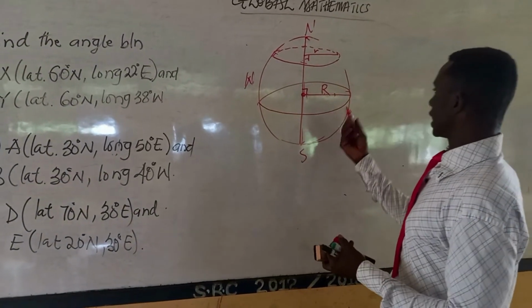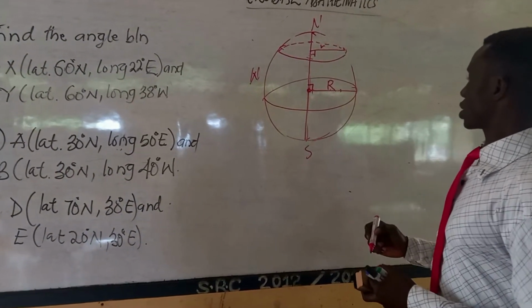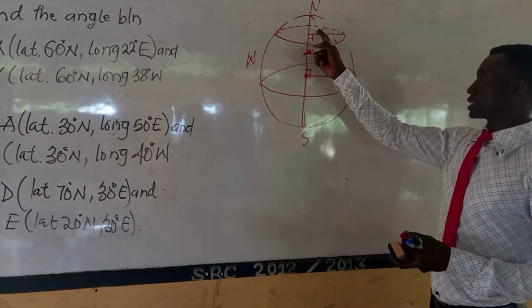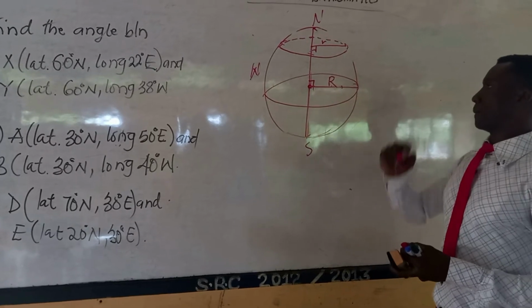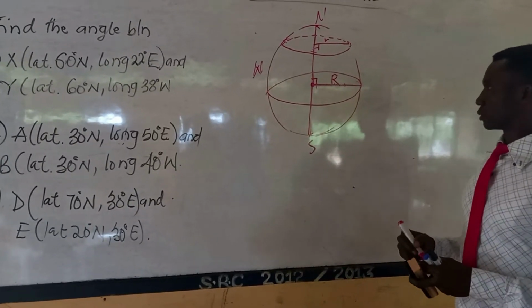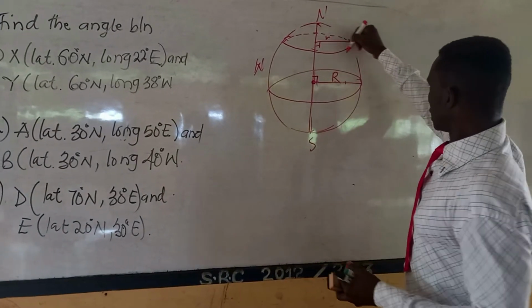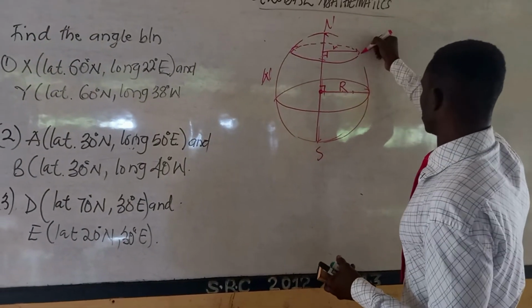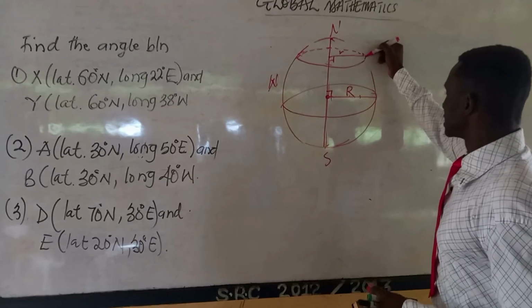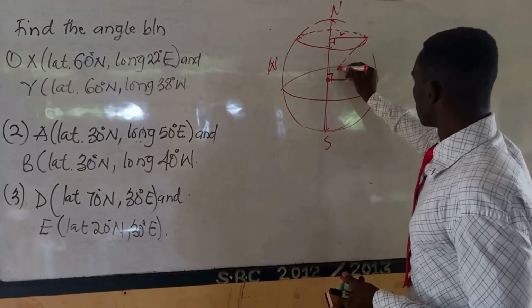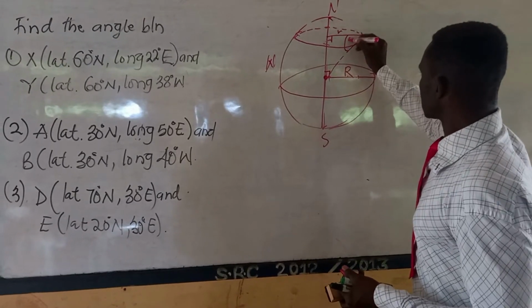So how do you get the radius of the small circle? What's the relationship between the radius of the small circle and the radius of the bigger circle, or the radius of the earth itself? Now, if this latitude makes an angle of theta degrees, it means the angle theta makes here, this angle is theta degrees.